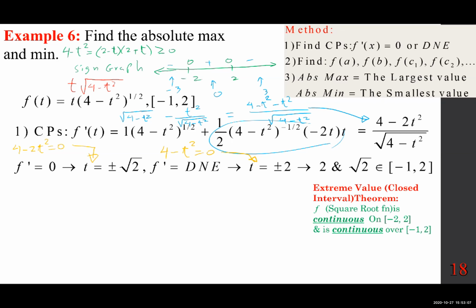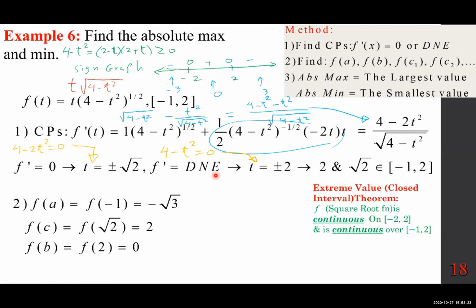So now you are going to plug in. What are you plugging in? You plug in -1, you plug in 2, you plug in also square root of 2 to evaluate this. When you plug in, this is what you get. I will quickly show you how you arrive at it. Okay, class, just give me a quick second.